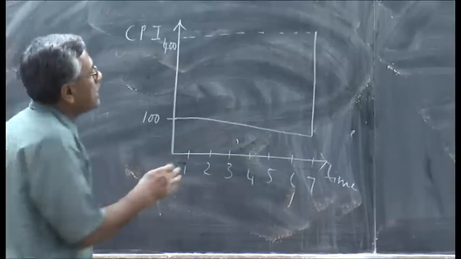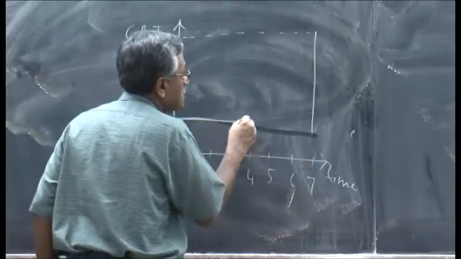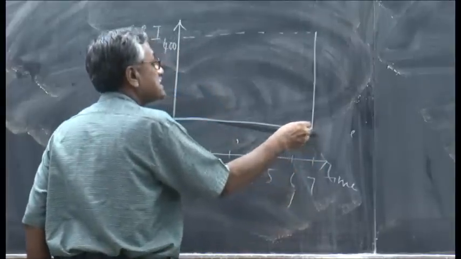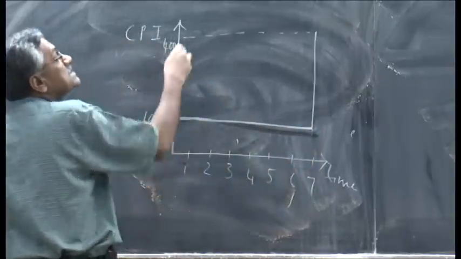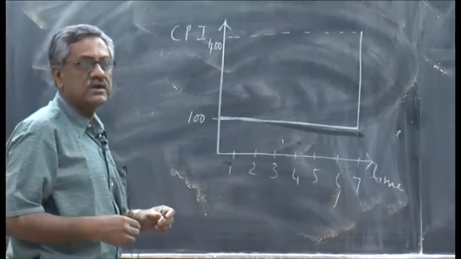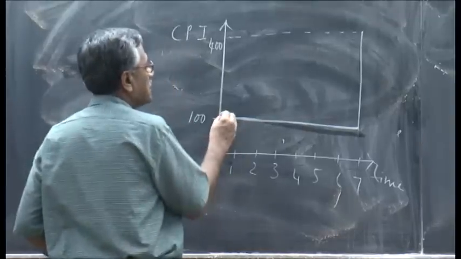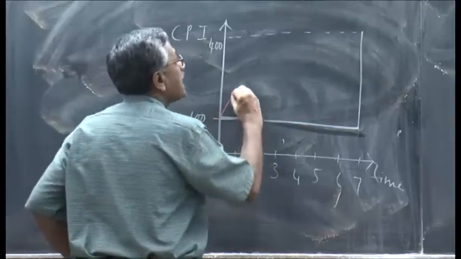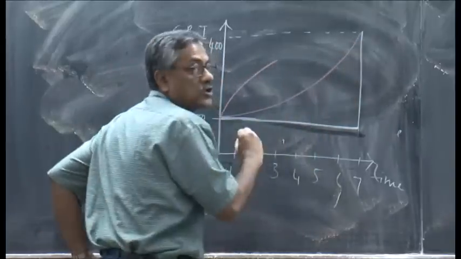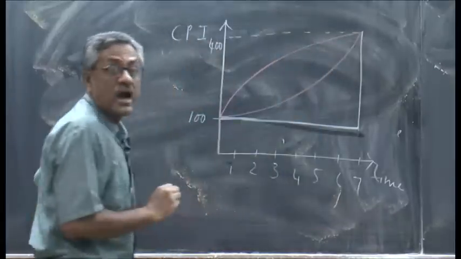Because prices have remained constant for all these periods, and suddenly it has gone up. This is not inflation. Inflation is a persistent rise in prices. So in the case of inflation, the price line goes either like this or like this to reach that point over time.